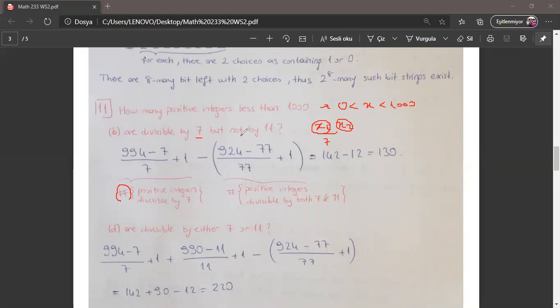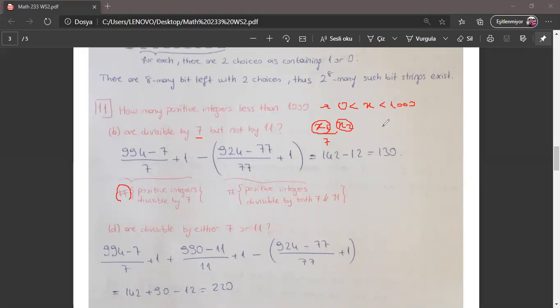But we want these numbers not to be divisible by 11. So we need to subtract the ones which are divisible by both 7 and 11. Again, we apply the same formula, so you find the maximum value in here which is divisible by 77. Why do we have this 77?